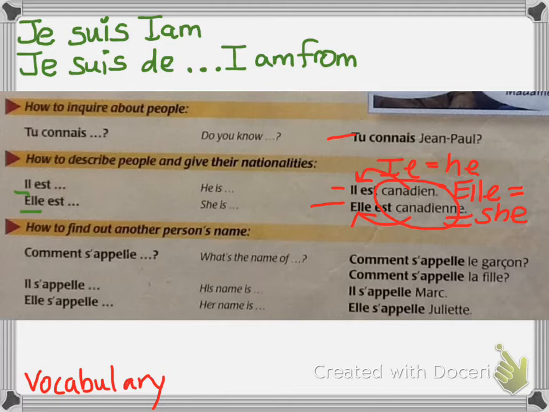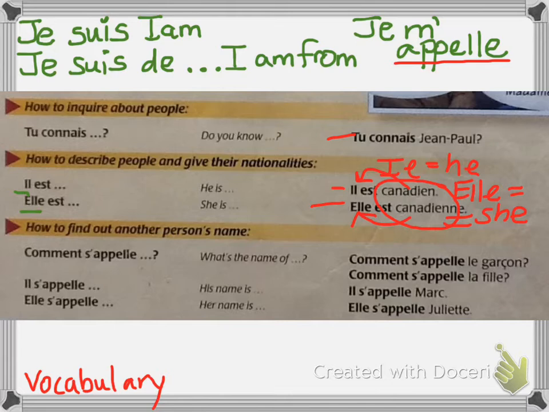All right, how to find out another person's name. So again, remember, you learned back in lesson 1 how to say my name is. Right, that was je m'appelle. And remember, we talked a little bit about the fact that this is kind of weird because literally in French, appelle is the verb for to call. So literally you are saying, I call myself, and then you're giving your name.